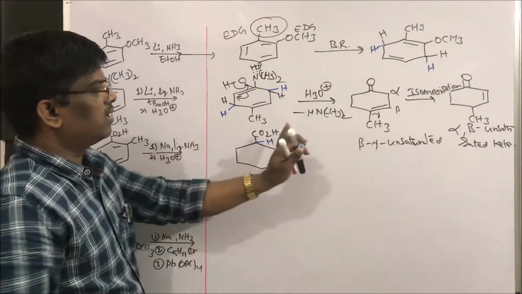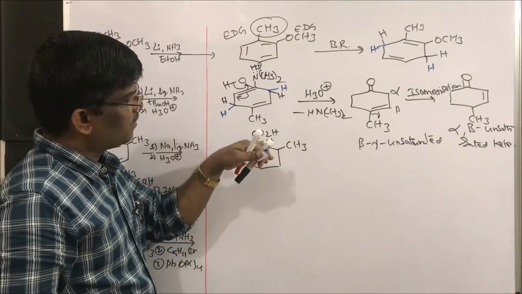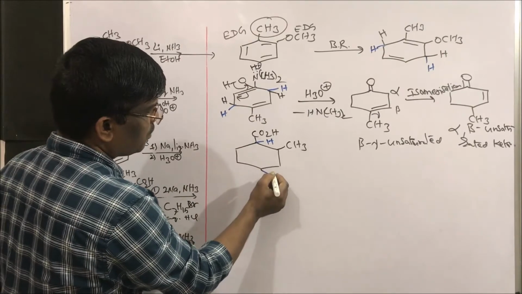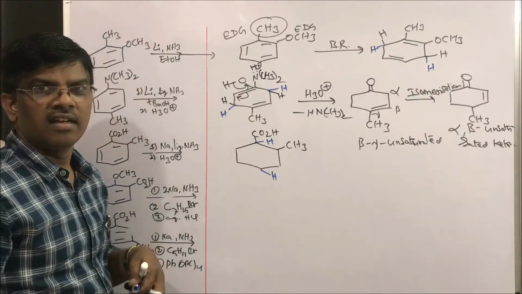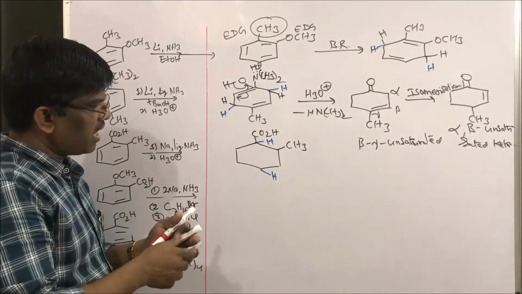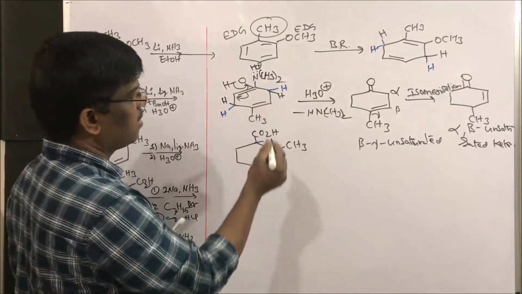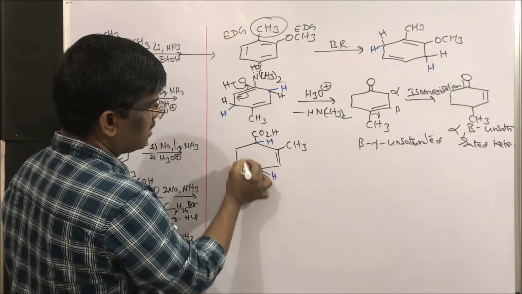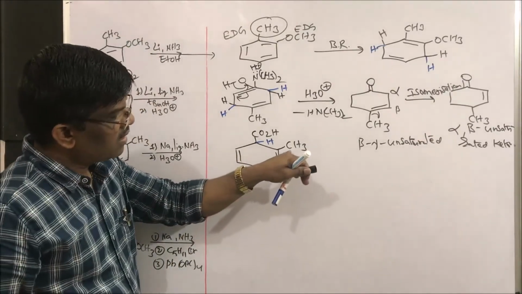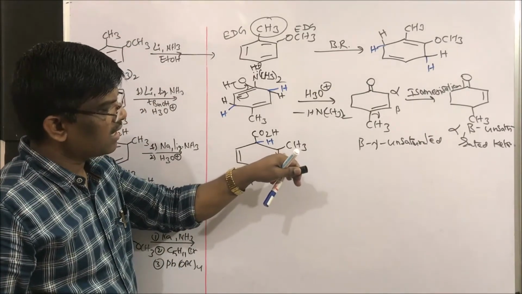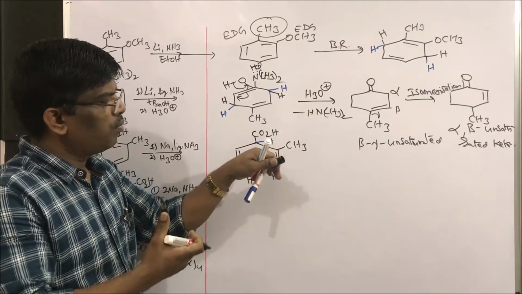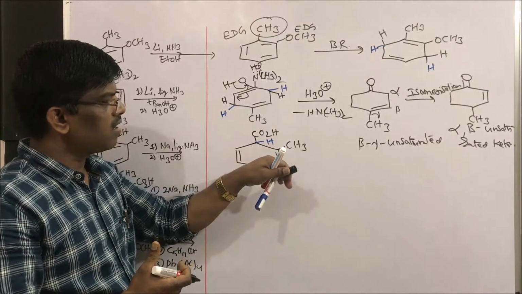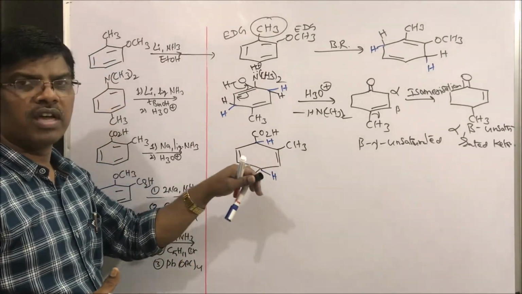When you added this hydrogen here, what can you do? Simply you can add hydrogen here. Is there any confusion? No, you can add it blindly based on the previous example. So now write like this. Is it satisfied? This methyl group is an electron donating group, so the double bond which is next to this carbon is not disturbed. So this is the compound we are going to get.